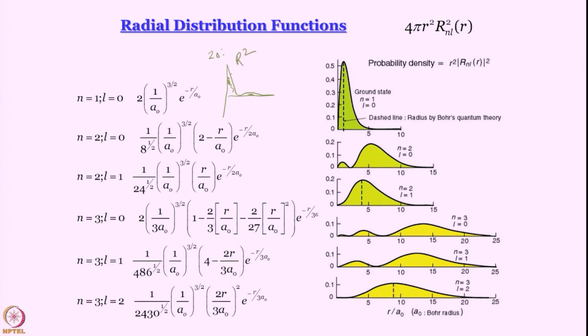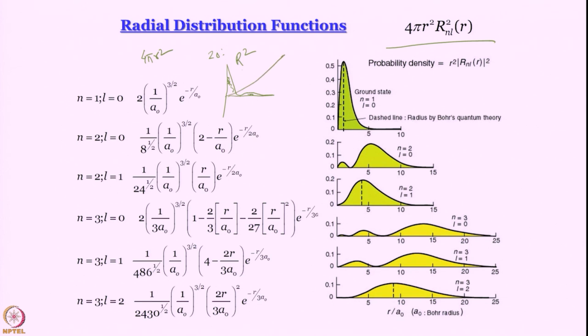It is much higher in the vicinity of the nucleus, but do not forget you have to multiply it by 4 pi r square in order to get this radial distribution function, and 4 pi r square will look something like this.